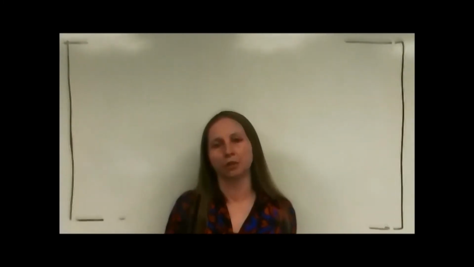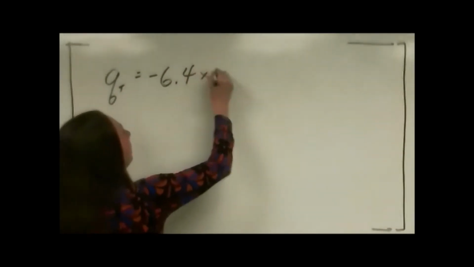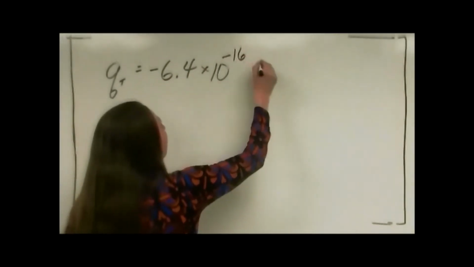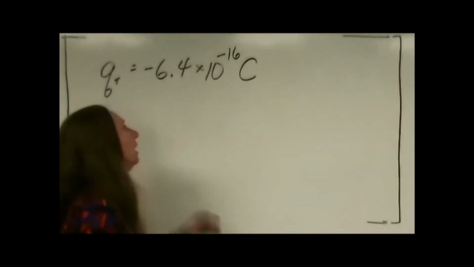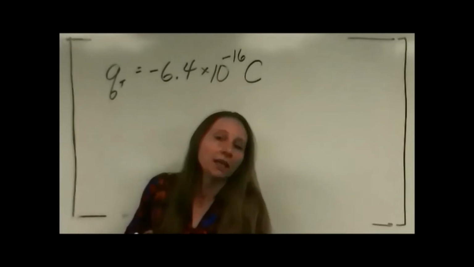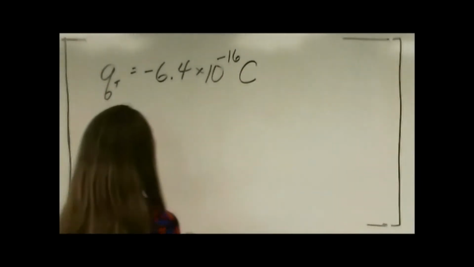What if somebody tells you that the total excess charge on this rod is, Q total, negative 6.4 times 10 to the negative 16 coulombs. That's the charge on the rod. And what if they said to you, how many electrons does that mean the rod gained? So how would you figure that out?